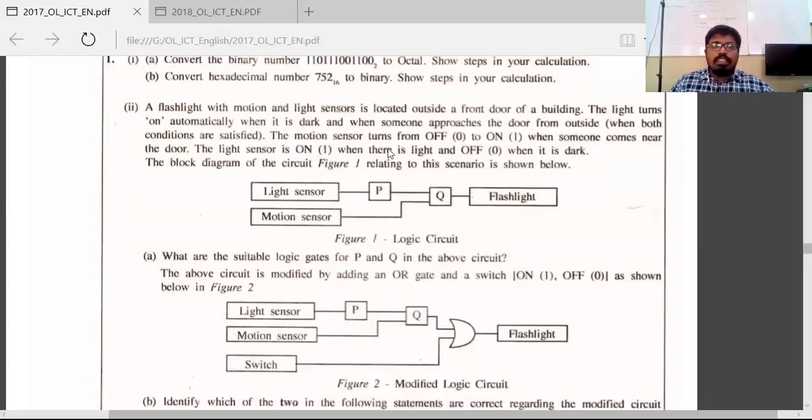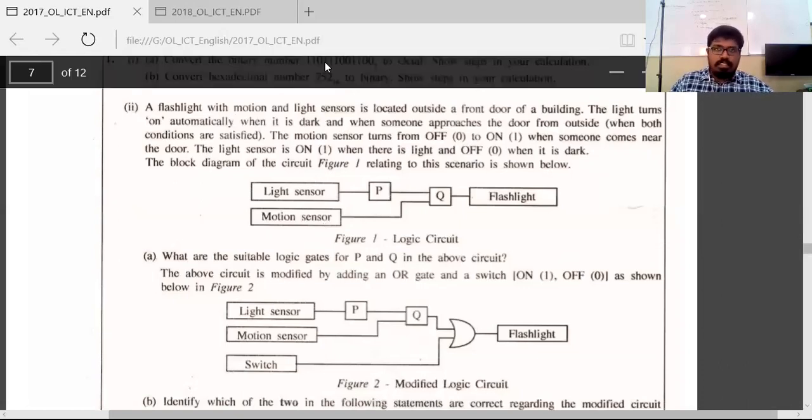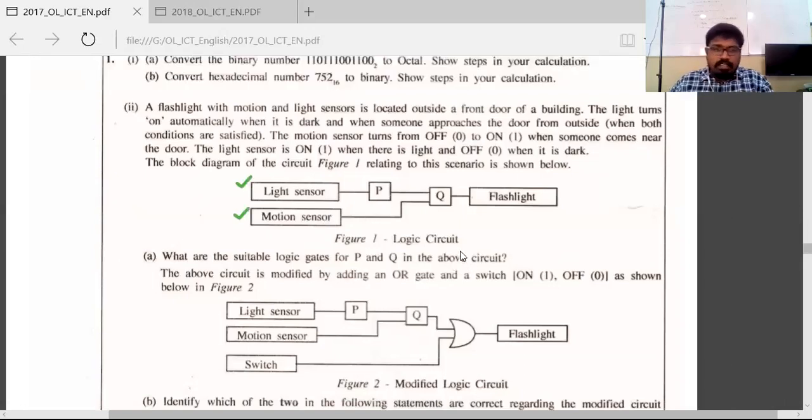The motion sensor turns off to on when someone comes near the door. The light sensor is on within bracket 1 when there's light and off 0 when it is dark. The block diagram of the circuit, figure 1, relating to this scenario is shown below. Right, here there are motion and light sensors. So first mark it: motion, light sensors.